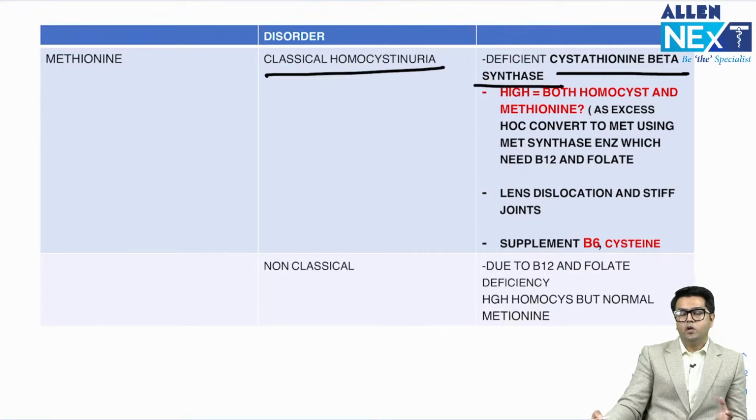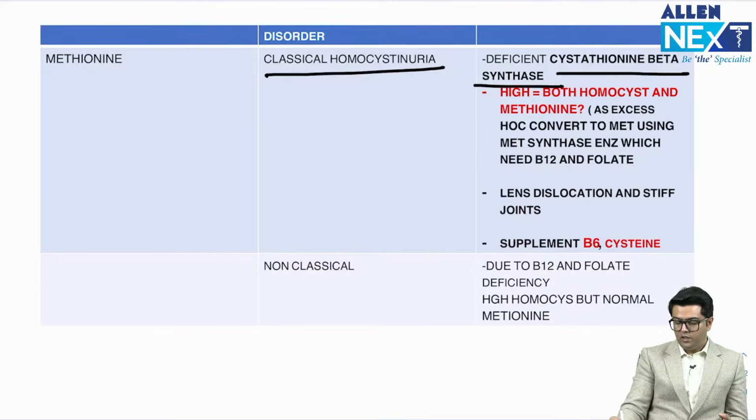You know why? Because the excess homocysteine will be converted to methionine using the enzyme methionine synthase, which is B12 and folate dependent, right? So whenever the homocysteine levels increase, they will also make methionine, so both levels will increase, and that is the diagnostic point in classical homocystinuria, right?